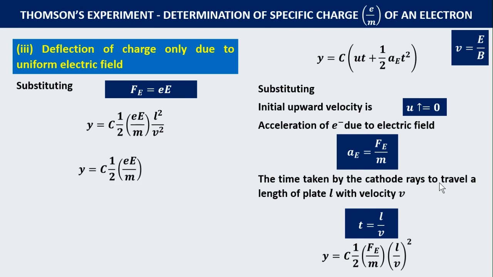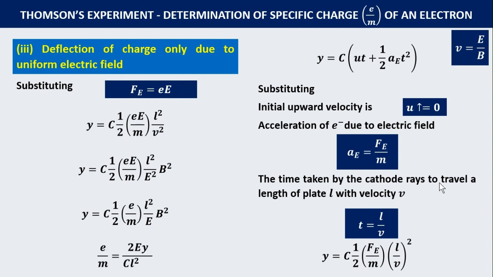Now you remember that the velocity v is replaced by E by B. So I get y equals c times 1 by 2 times e by m multiplied by L square by E square multiplied by B square. Here one E is cancelled from the numerator and the denominator E square. So we get y equals c times 1 by 2 e by m multiplied by L square B square by E.